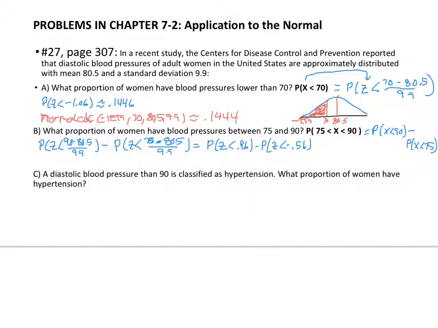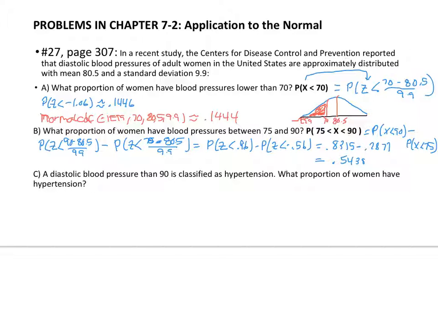When we do that, we end up looking at 0.8315 minus 0.2877, and that gives us a final probability of about 0.5438.